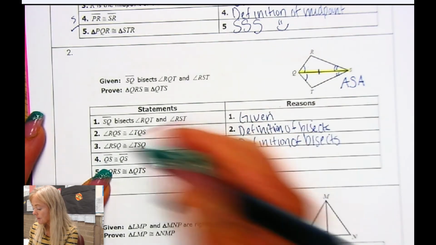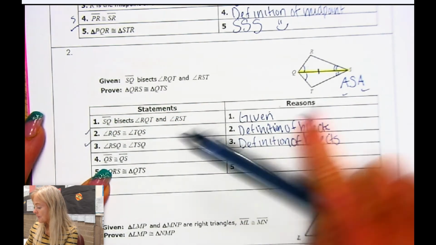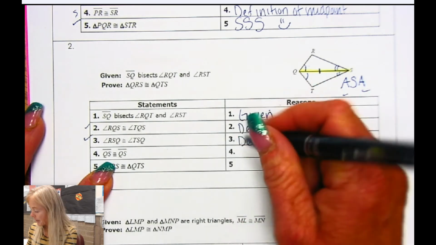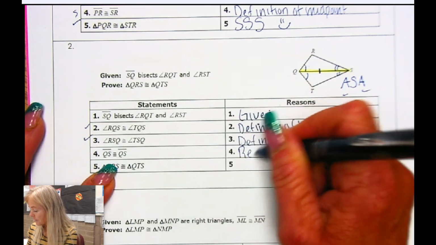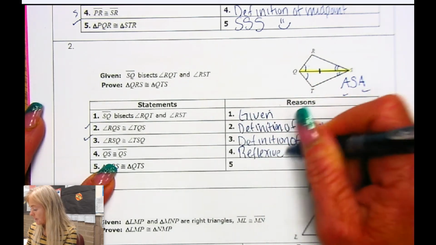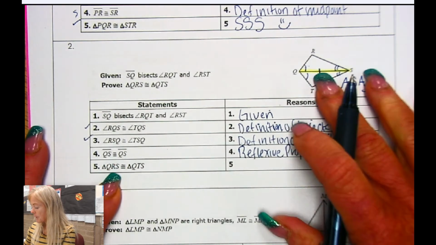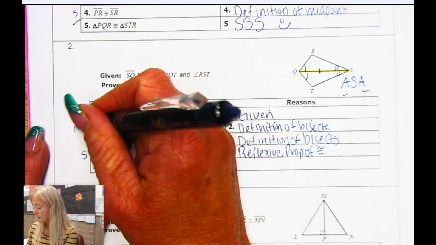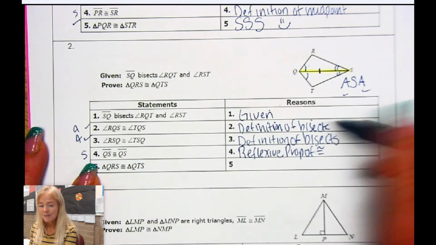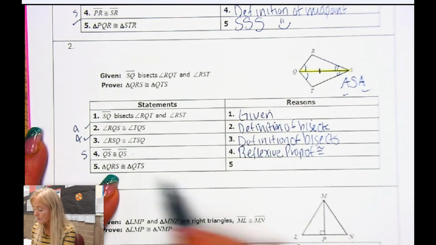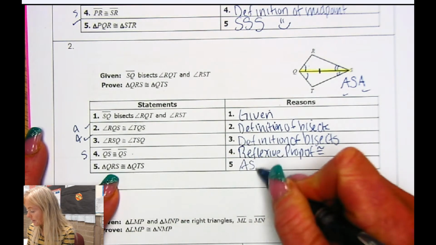Then the last thing, we got an angle and an angle, the two angles. Now this included side, the side between the two angles, is QS, and it's congruent to itself by the reflexive property of congruence. And because of the angle, side, angle, we've stated each of the two angles are congruent and the side, and therefore we know the two triangles are congruent by angle, side, angle.